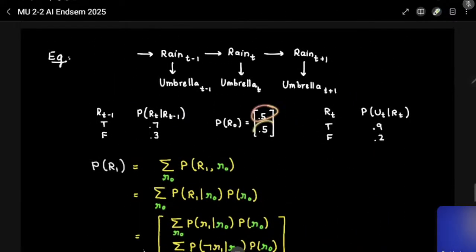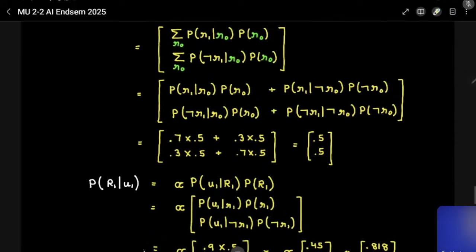So this is true, this is false. This is R0, this is not R0. Or in other words, R0 is true, R0 is false. Let me take one random example. So let me take this one. How do I get this probability? Probability of R1 given not R0.